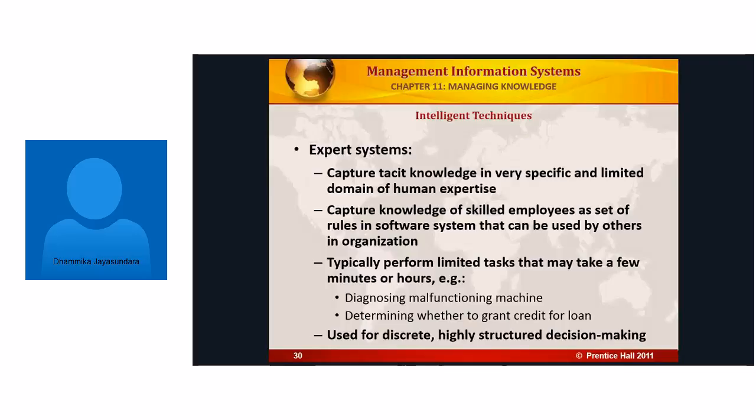Used for discrete, highly structured decision making. Expert systems are basically rule-based systems. So you upload or provide information to the system, and it has stored those things. Based on your information, it will provide you the decision.